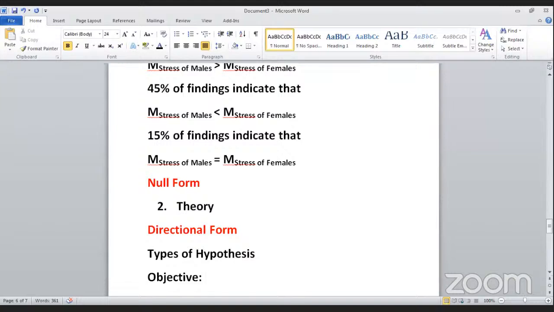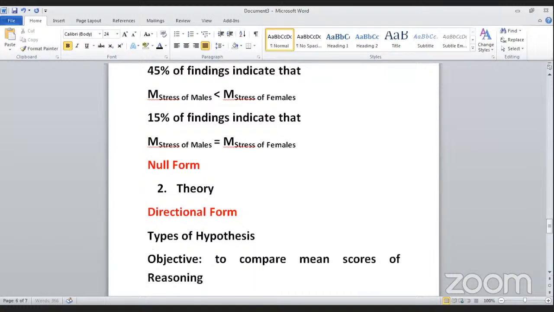So if I say, to compare mean scores of reasoning of male and female students. If this is my objective, then how will I word my hypothesis?